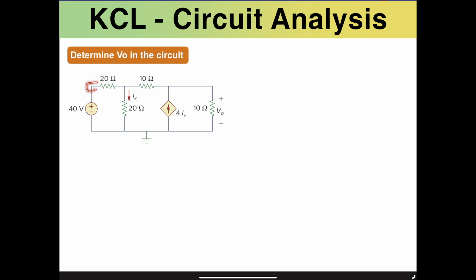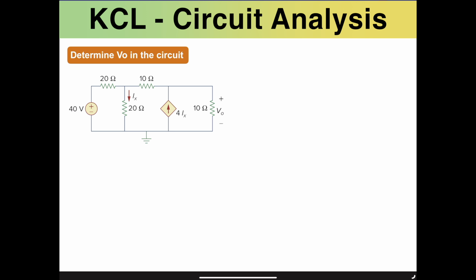You could also use nodes at the bottom right, the top left and top right corner as well. But these nodes wouldn't help you that much in terms of the current entering and exiting, because that's exactly on the path of a current flow. So whatever we consider as a node is the intersection of several branches, such as this node or this node.